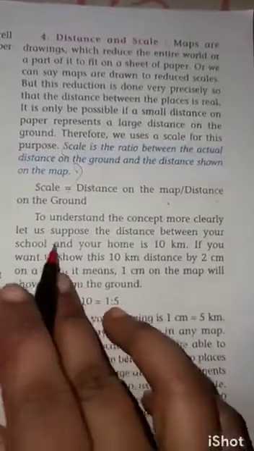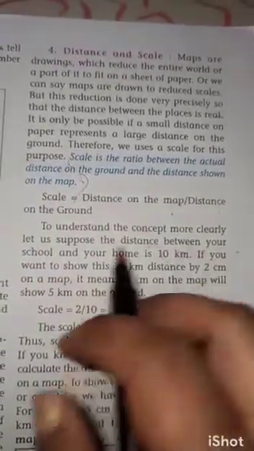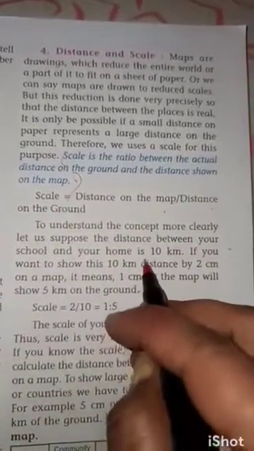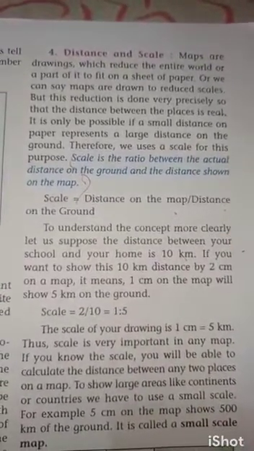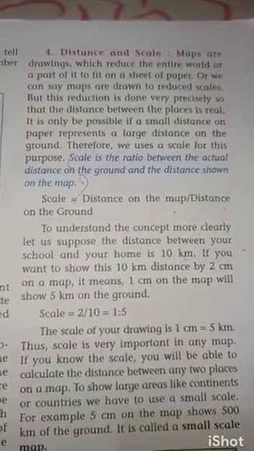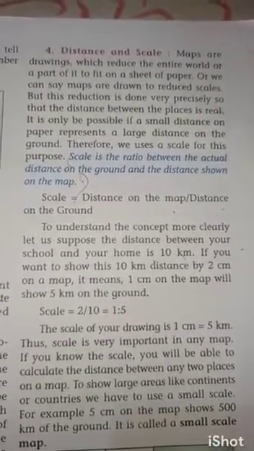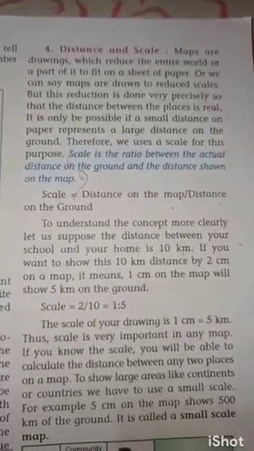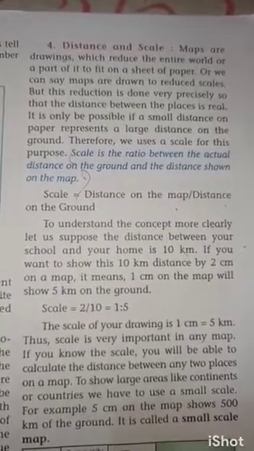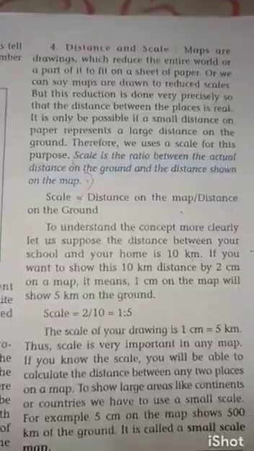Let us suppose the distance between your school and your home is 10 kilometers. If you want to show this 10 kilometer distance by 2 centimeters on the map, now let me show you.